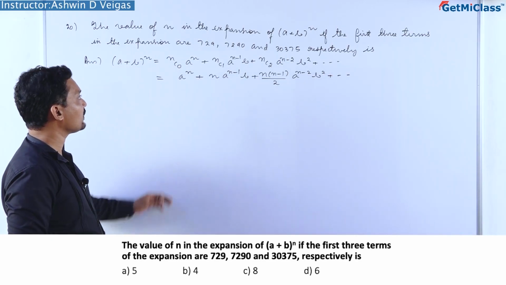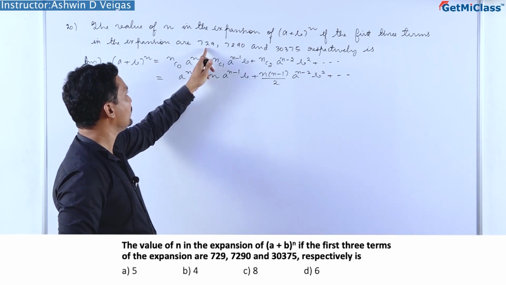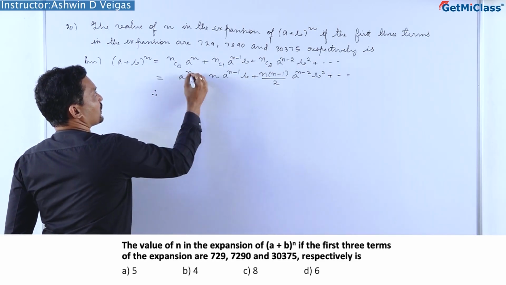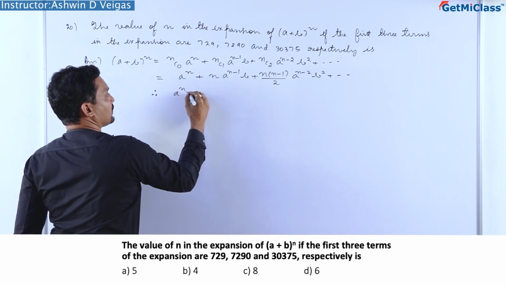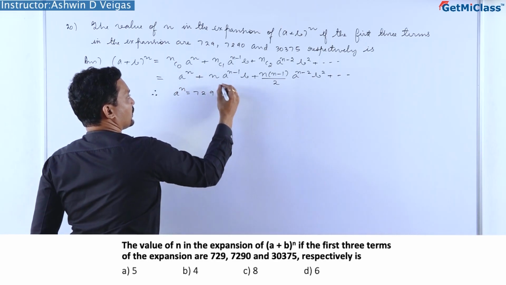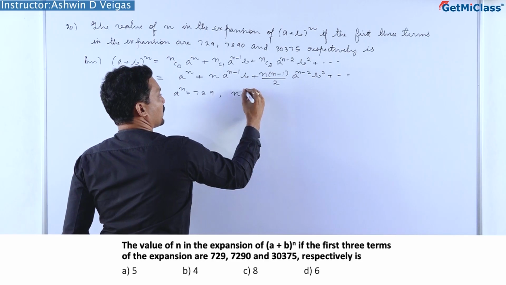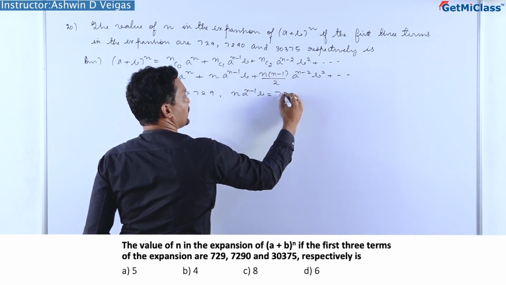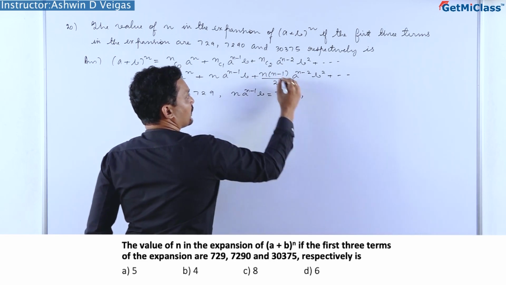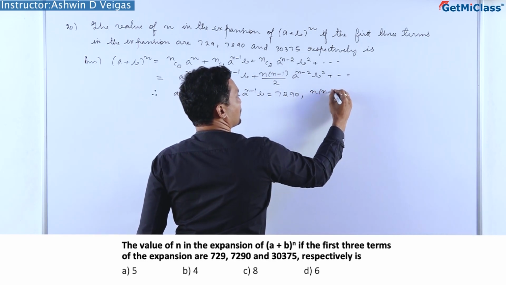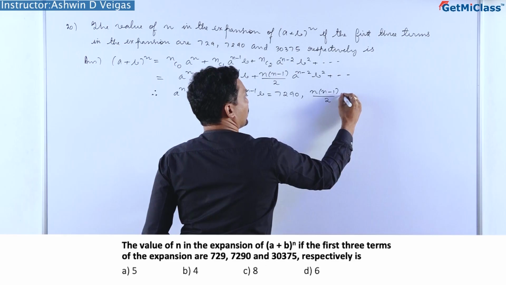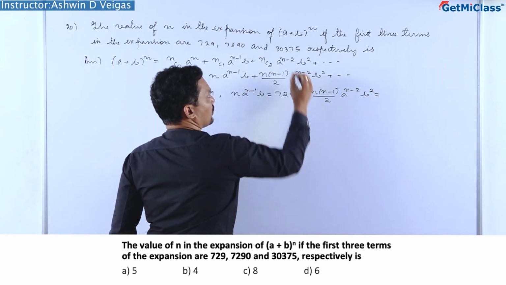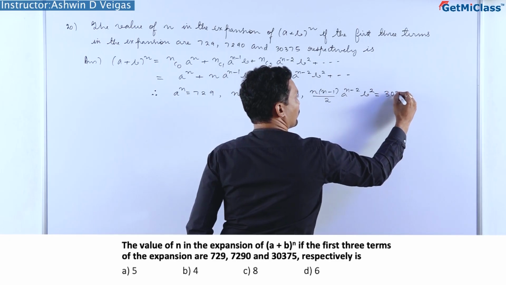Now they have given that the first three terms are these. That means when you compare, a^n should be 729, then n a^(n-1) b should be equal to 7290, and n(n-1)/2 a^(n-2) b^2 should be equal to 30,375.